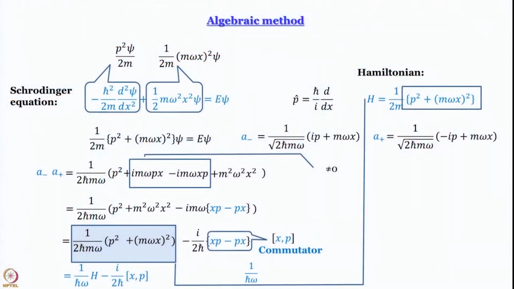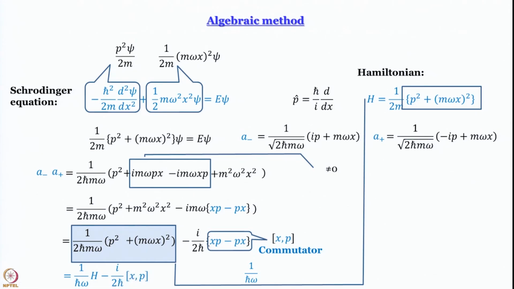Okay. So, this is a commutator, we are going to write it as this x comma p in third bracket, and we are going to now on just read it as the commutator of x and p. So, this is your, well not Schrodinger equation, sorry, this is your product a minus a plus: 1 by h cross omega h minus I by 2 h cross multiplied by commutator of x and p.